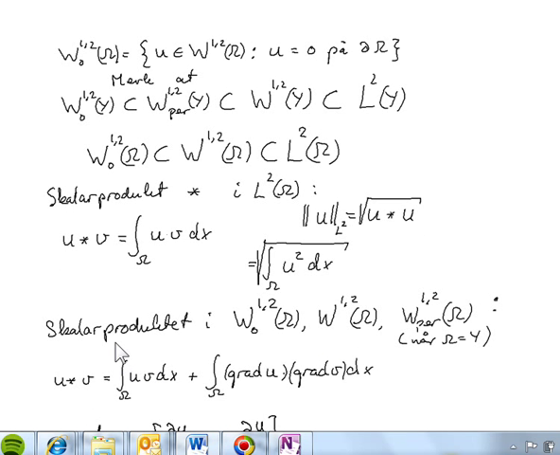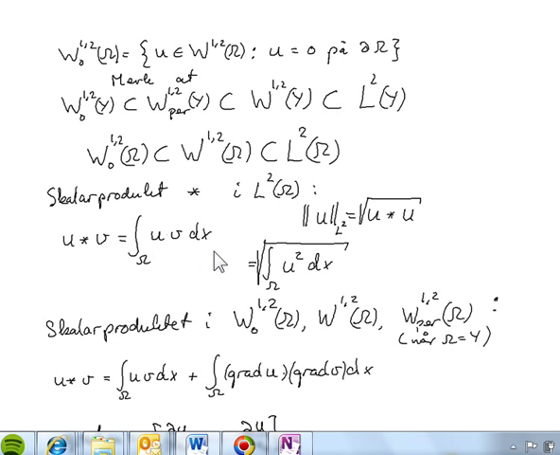The scalar products in all these Sobolev spaces, when omega is equal to Y, a square or a rectangle in R2, a cell in Rn, then this makes sense. But all these spaces, in any case, have the following scalar product.